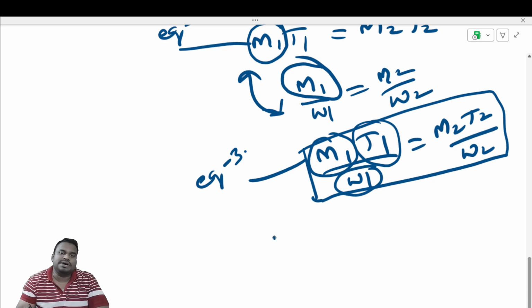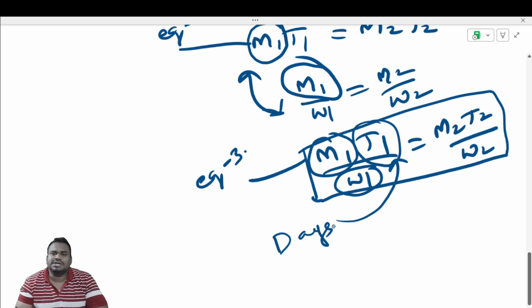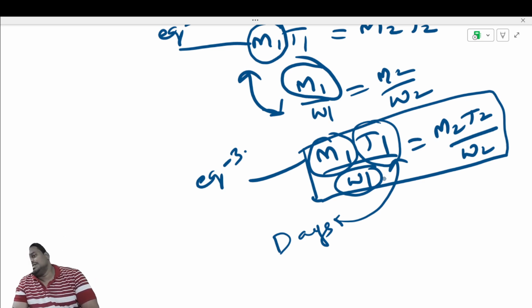There is one more parameter, that is days. You may notice that days and time are the same, right? That's not a problem, but sometimes they'll give time in hours, sometimes in days. When they give days, you take days. When they give hours, you take hours.